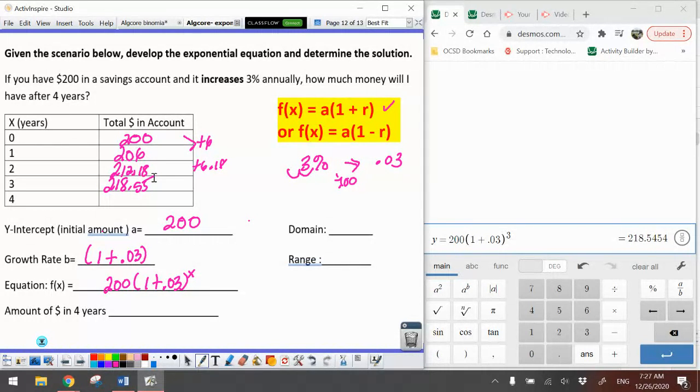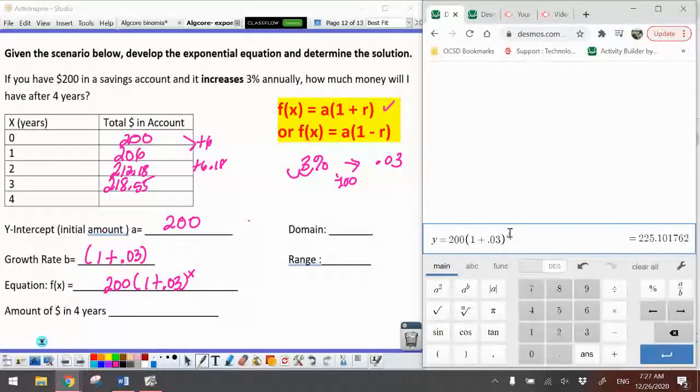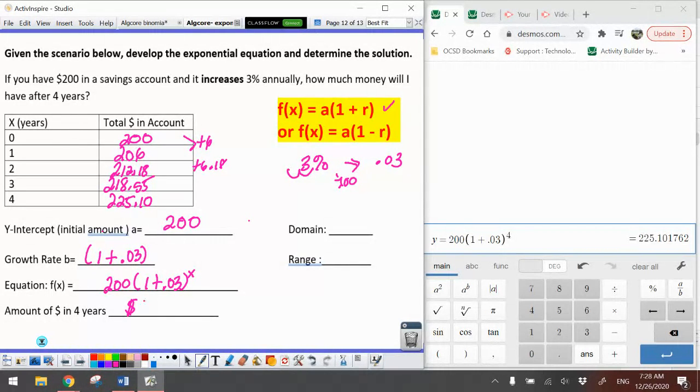Now round that off. This 5 makes that 4. It's money, so round off to 2 decimal places. And if I change this to a 4, I see I have $225.10. So in 4 years, I have $225.10.